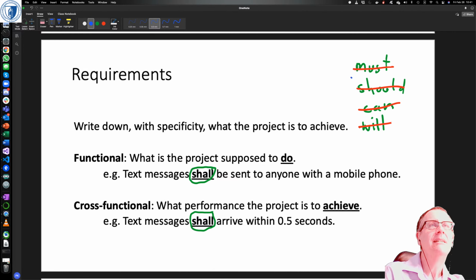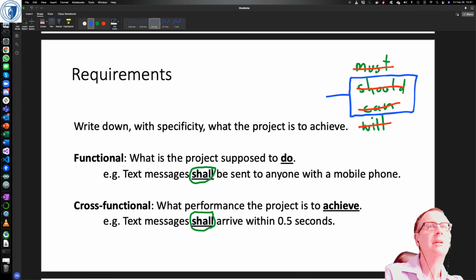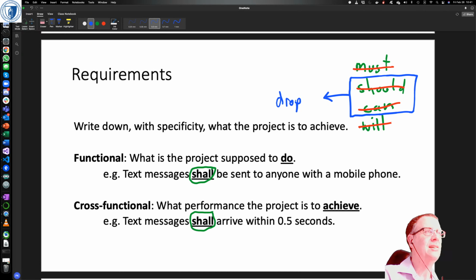Should and can are both, from a requirements viewpoint, what I call weasel words. It should, but it doesn't. It can, but it doesn't. Right? So anytime I see those words, I immediately drop them. If somebody says the system should be blue, I immediately drop that as a potential requirement. And people get upset with that.